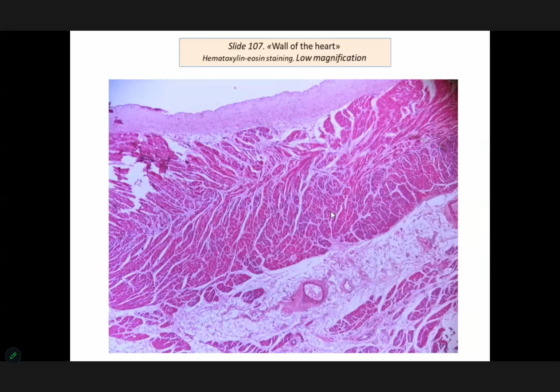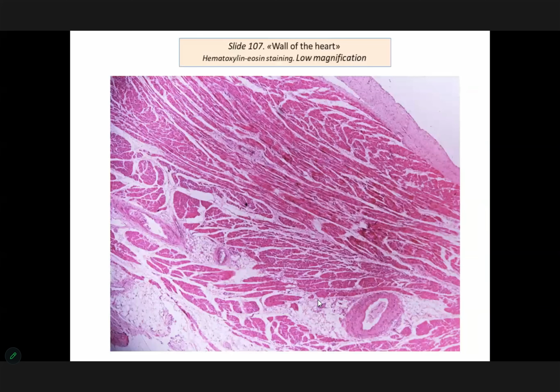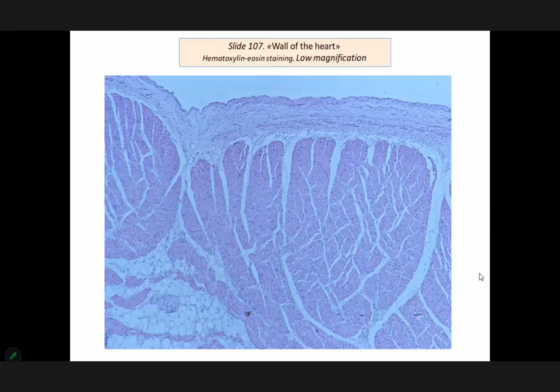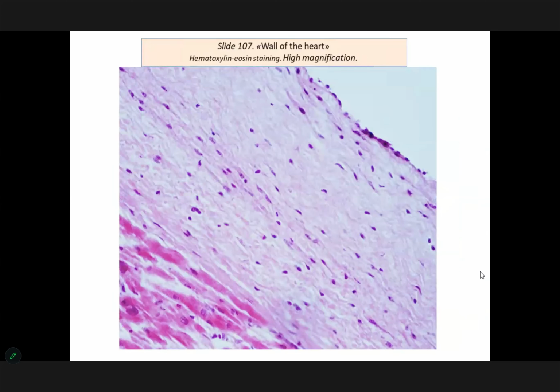Another example of this preparation, endocardium, myocardium, and epicardium. In epicardium, we can see a lot of adipose tissue and large blood vessels. Another example, we shall see them in class. In this picture, at higher magnification, we can see endocardium.